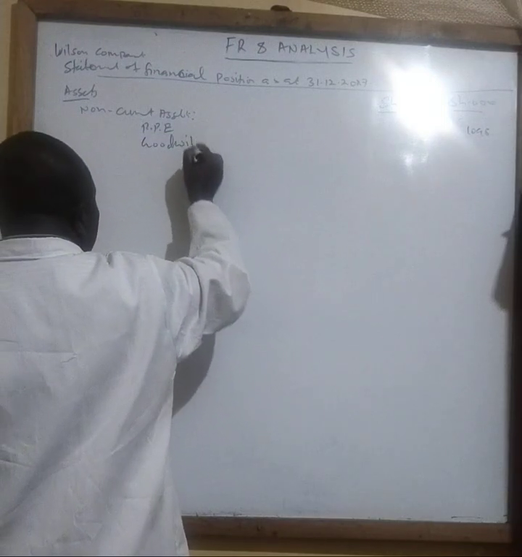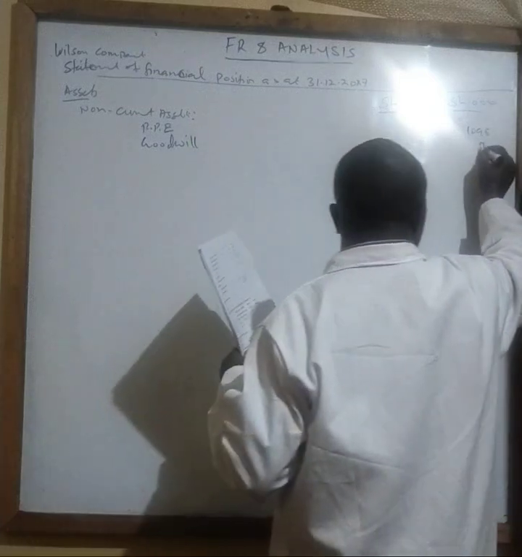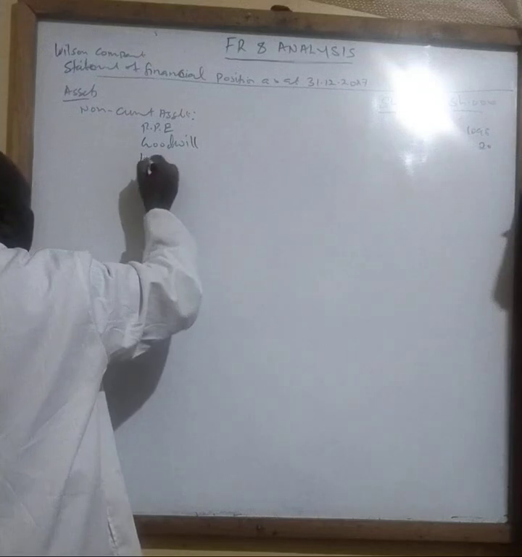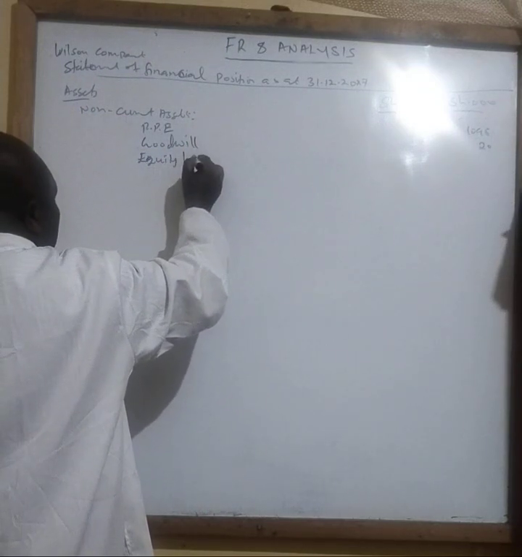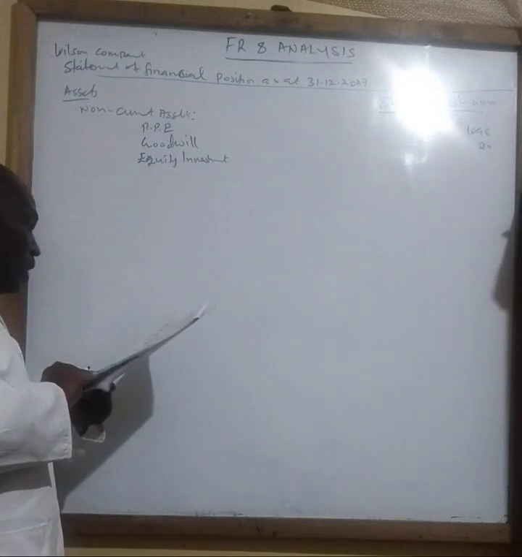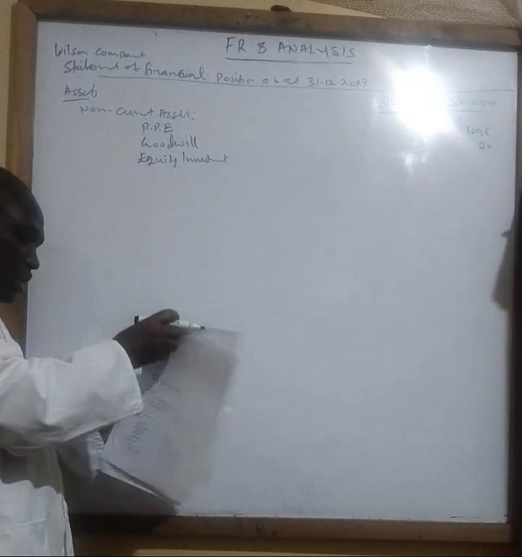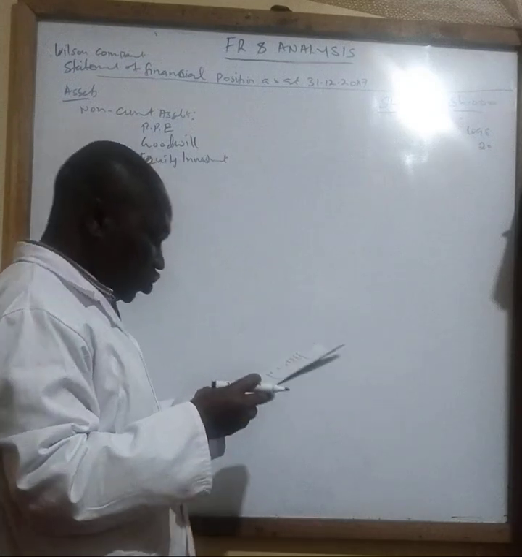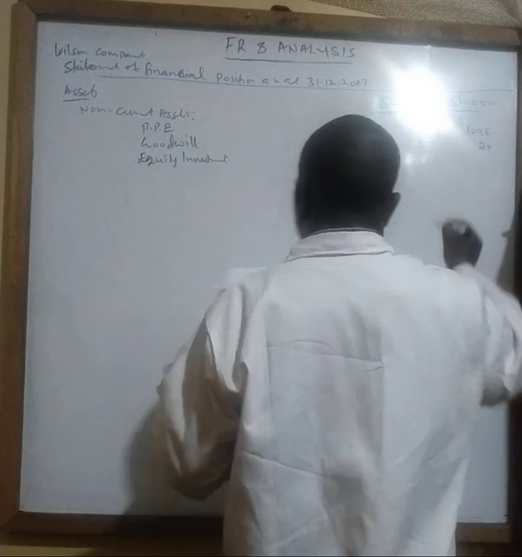We calculated goodwill and found it to be 20 shillings. According to additional information, there was also equity investment. We found it to be how much? Let me check. I think it was 231.